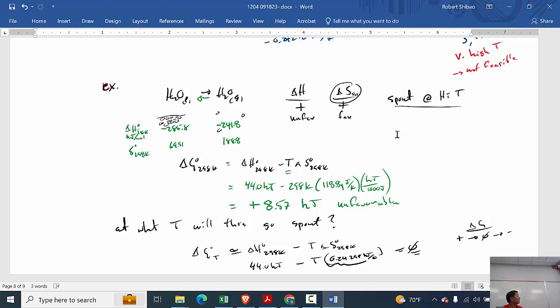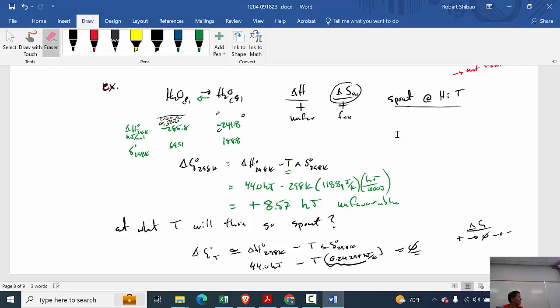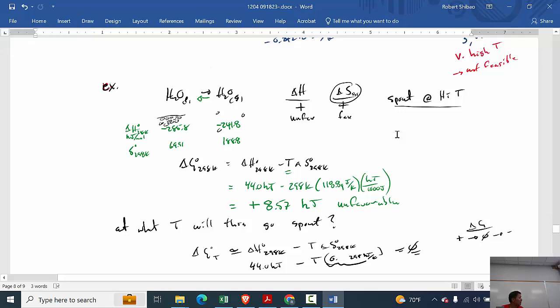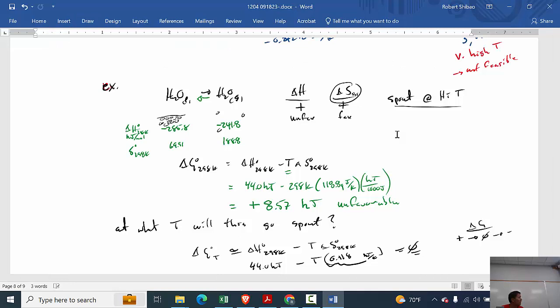118.89. So this is going to be 0.11889. I was getting a weird number. So it's 44 divided by 0.11889, which is 370.